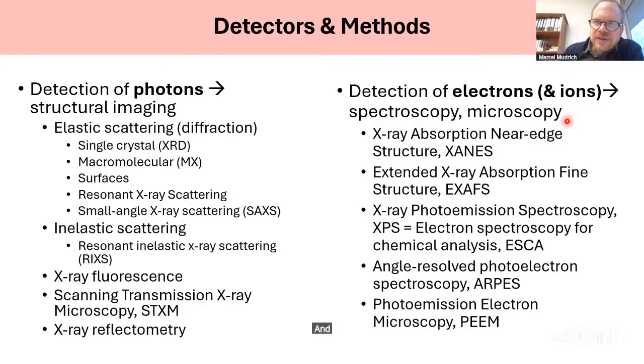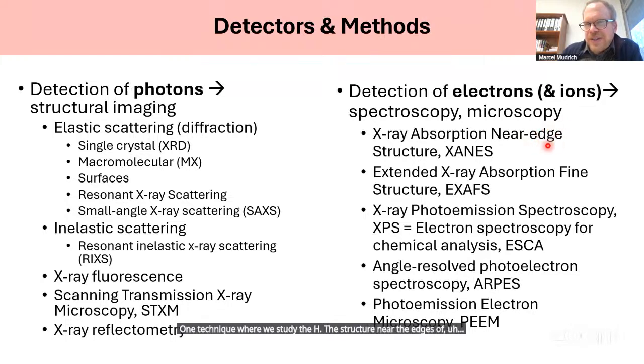And nowadays this can also be combined with spatial resolution to do microscopy. And there, typical techniques are X-ray absorption near edge structure, XANES. It's one technique where we study the structure near the edges of inner shell or core shell ionization of different materials.